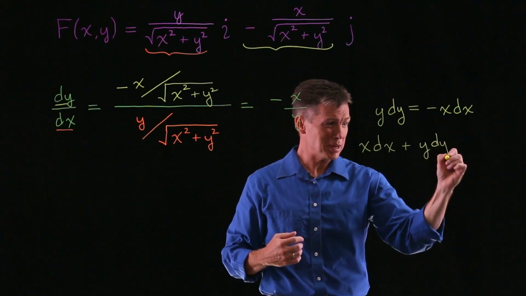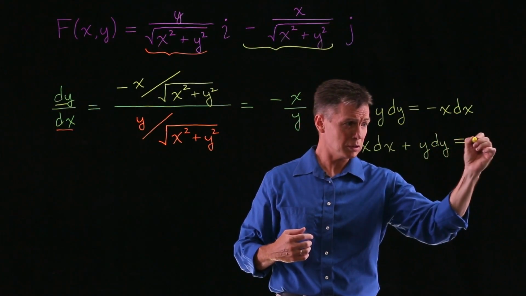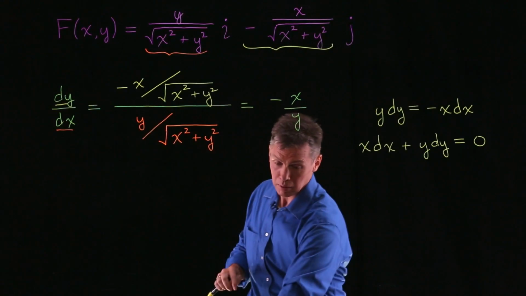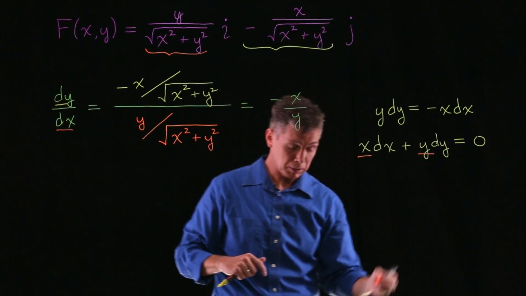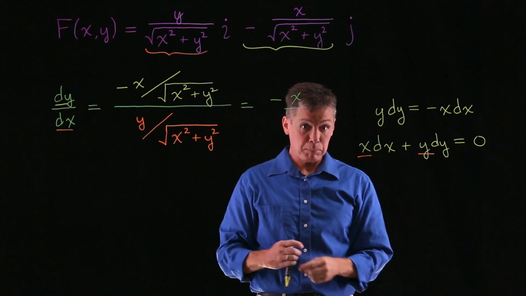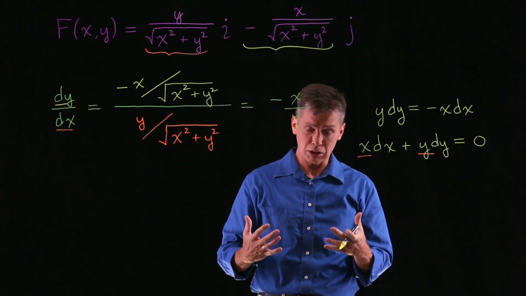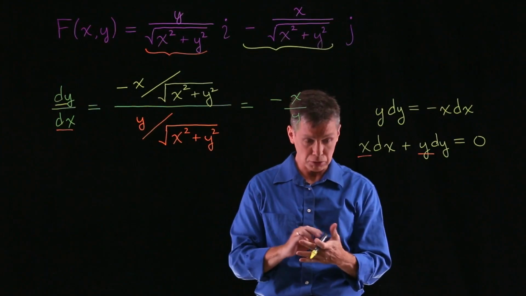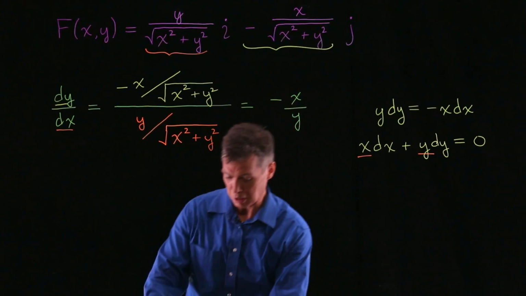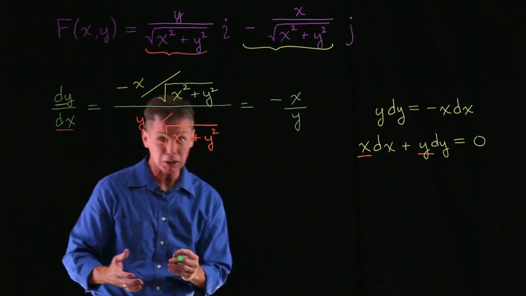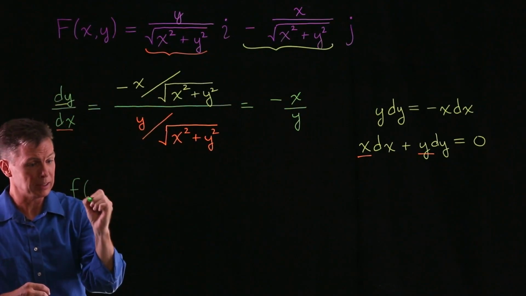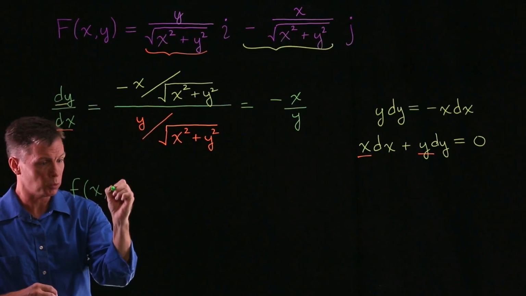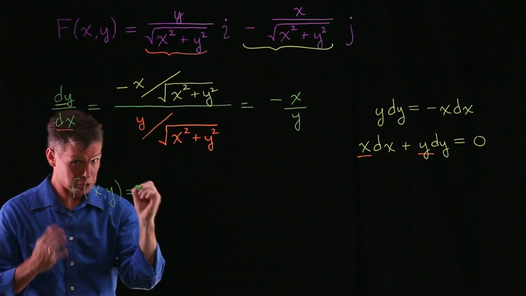And I'm sure you knew what I meant when I said M's and N's, right? And now you see them, that would be our M and that would be our N, right? And we like that because then we can start getting our answer for that general solution. Let's see, maybe I'll grab green again. I'll slide over here. But we start getting our answer by finding that f of x, y, which I'm sure you know by now.